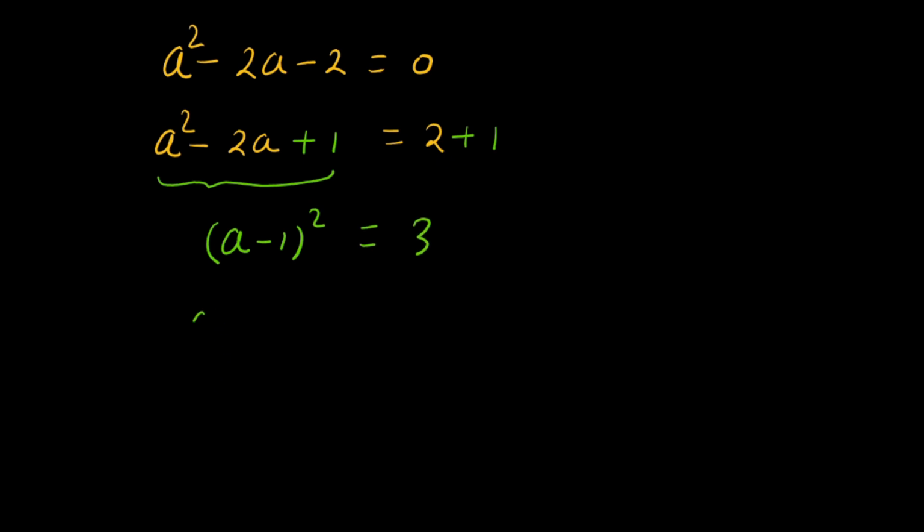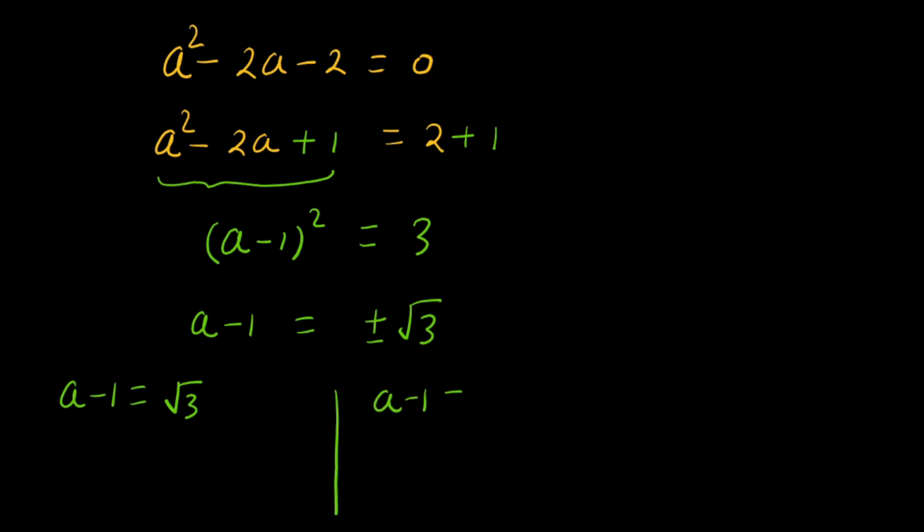Then a minus 1 equals plus or minus square root of 3. With the positive sign, a minus 1 equals square root of 3, and with the negative sign, a minus 1 equals minus square root of 3.